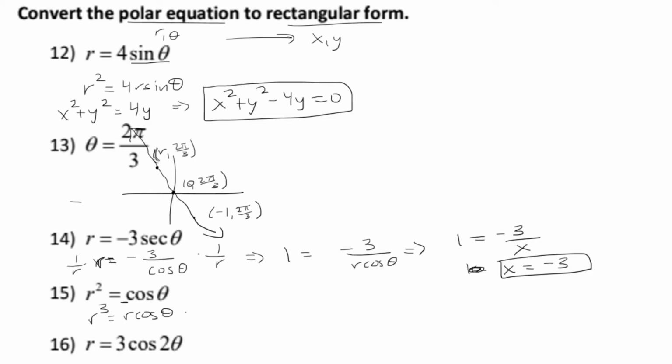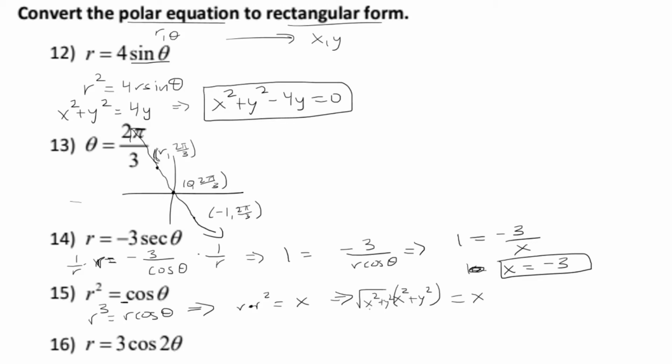I'm going to rewrite r cubed as r times r squared. Actually, that's what I should have done from the beginning. And then r cosine theta is just x. Now r squared is x squared plus y squared, r is just the square root of that, and this is equal to x.